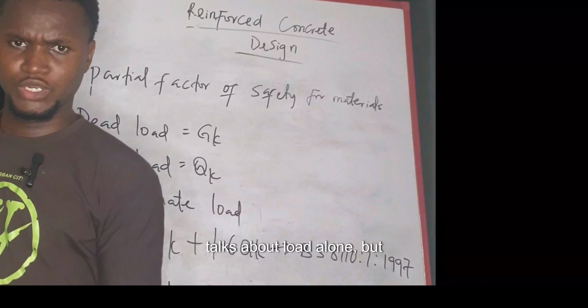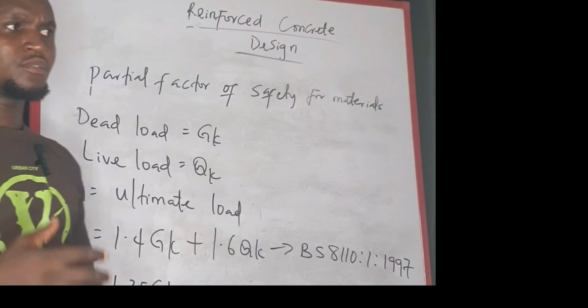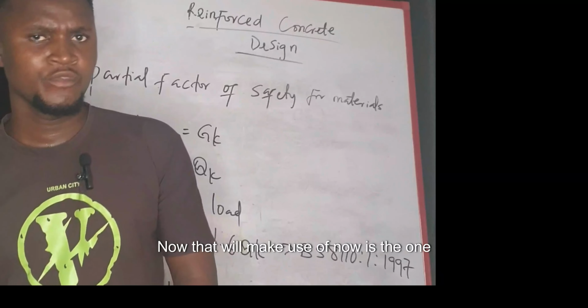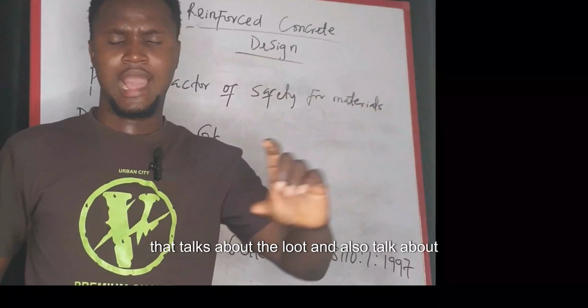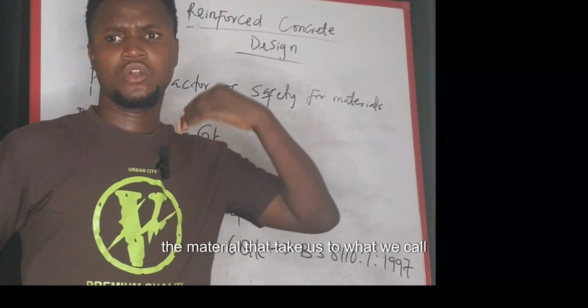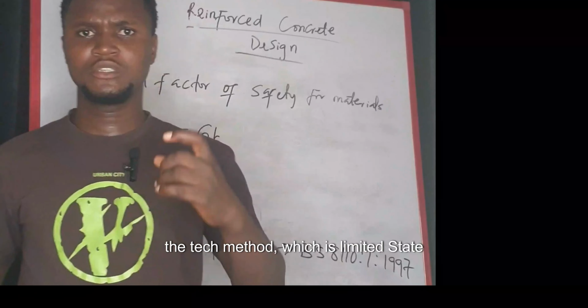It only talks about load alone. But the one we're going to be looking at, that is in existence now and that we make use of now, is the one that talks about the load and also talks about the material. That takes us to what we call the third method, which is limit state method.